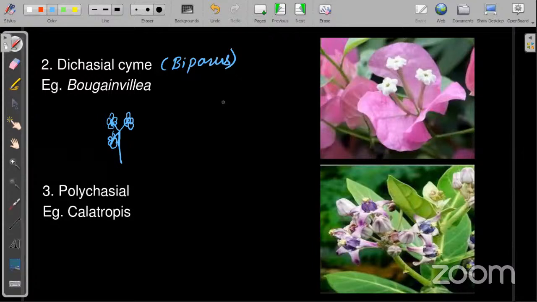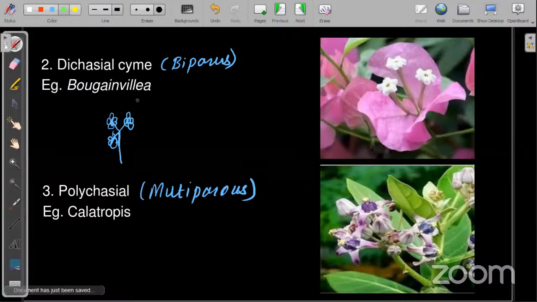Next is the polychasial. Polychasial is also known as the multiparous. Then what is meant by polychasial? Polychasial is the same as the dichasial, but in case of polychasial, the main axis culminates in a flower.